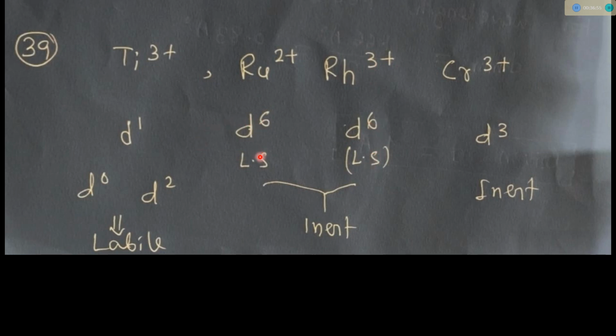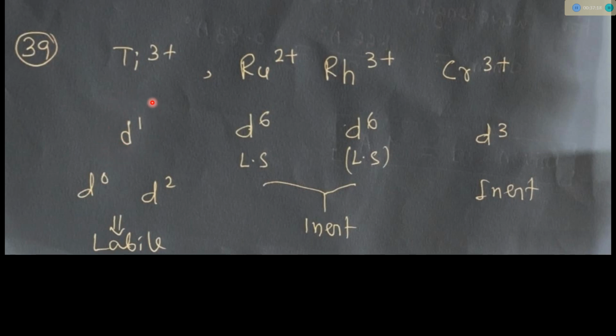We know that a d6 low spin ion is inert. Chromium 3 plus is d3, and we also know that d3 configuration is inert. Titanium 3 plus is d1, and we know that d1 configuration is labile.